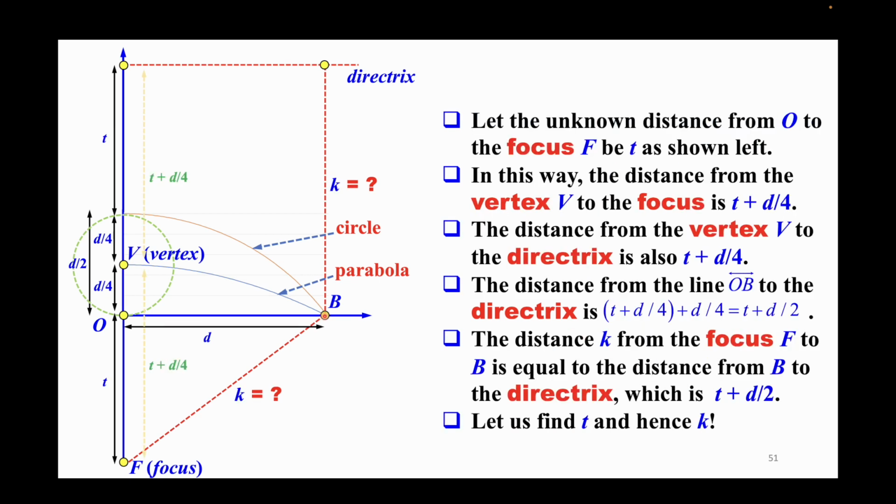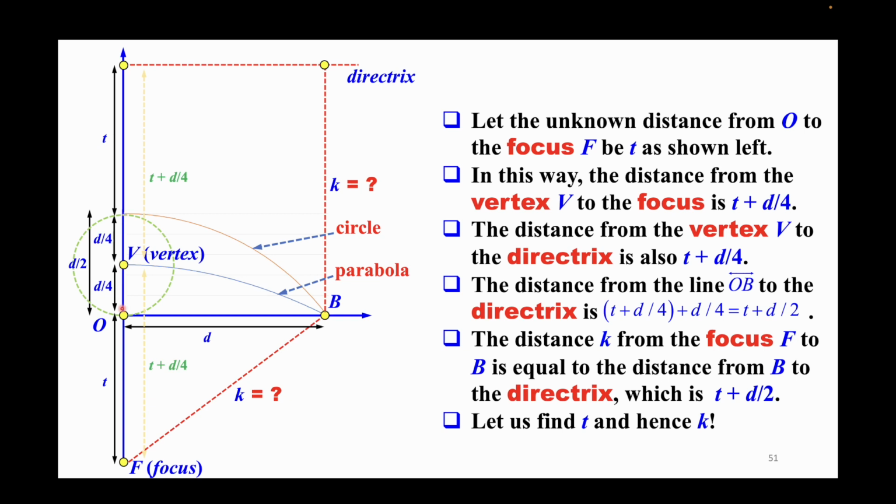So for convenience, because these two distances are equal. Why? This is because the distance from the vertex to the focus is equal to the distance from the vertex to the directrix. And we have already known that this is the center of the largest circle OR. So this segment is D/4.